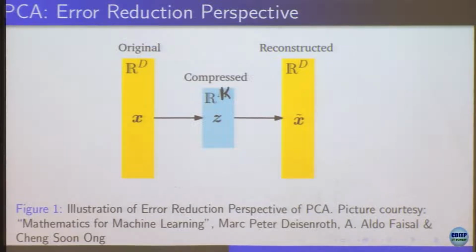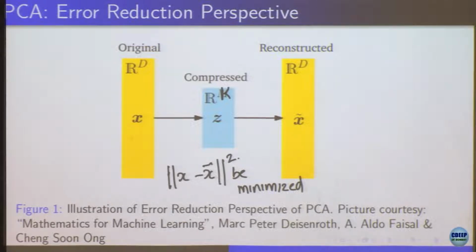You want the norm of X minus X tilde to be minimized, squared. This is the story of PCA.